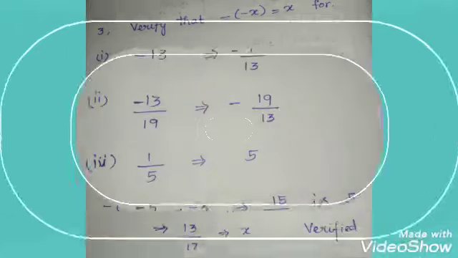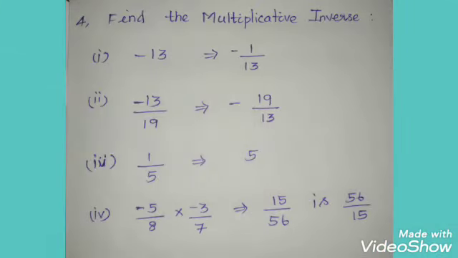This is also verified. Next, multiplicative inverse or reciprocal. What is the general format? The reciprocal of a equal to 1 by a. The reciprocal of minus a is equal to minus 1 by a.